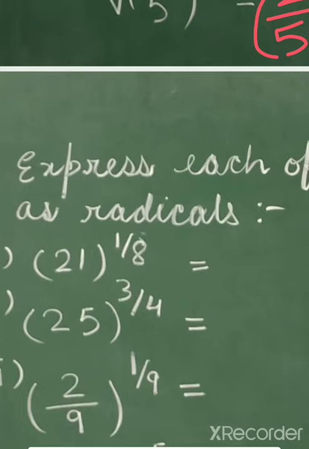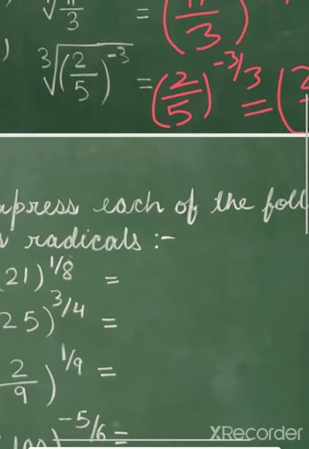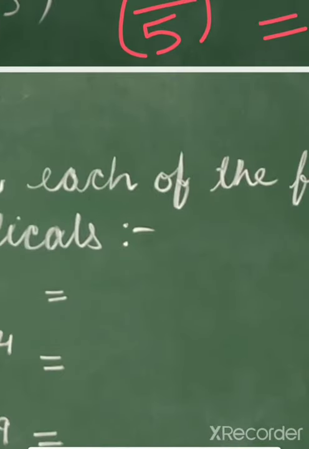So 21 to the power 1 is 21 and the 8th root. So 8 will be the radical. So we write down here 8th root of 21 to the power 1.